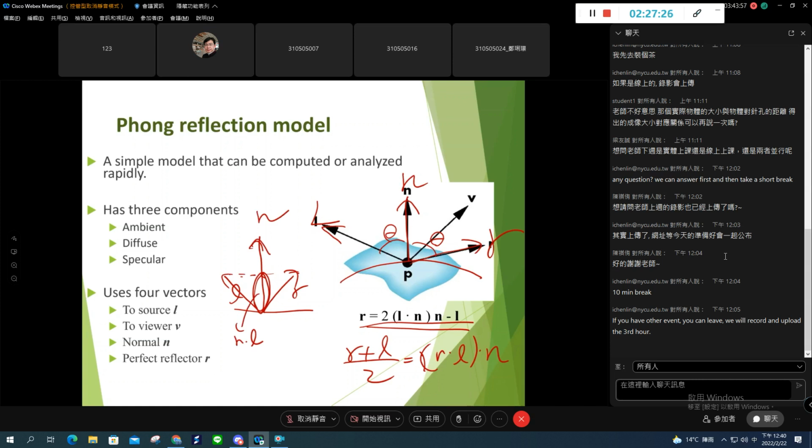So as long as we have n and the arrow, we can get r through this simple equation. Based on this vector, we can derive the Phong reflection model, which is commonly used in graphics courses.